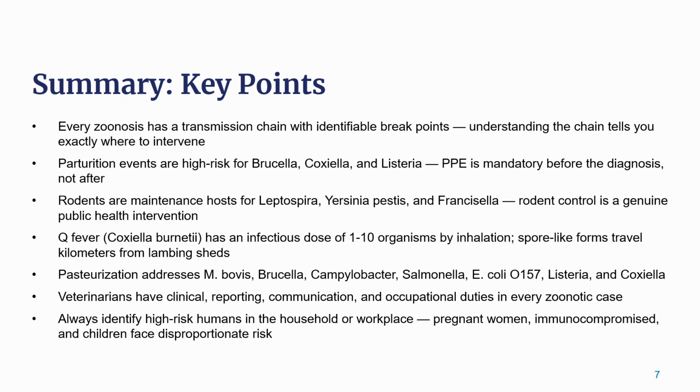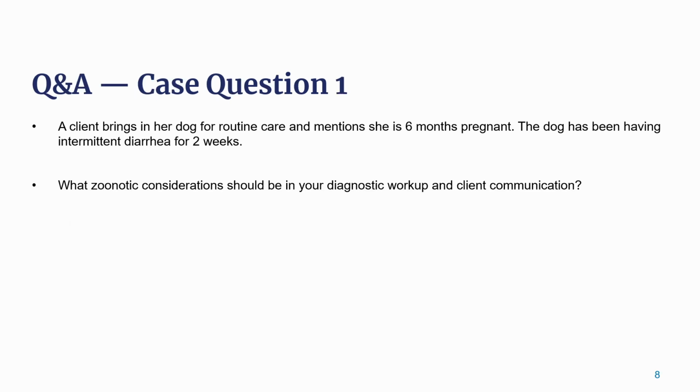Communicate that clearly, document it, and report it when required. Those three actions, recognizing the chain, breaking it, and reporting, are how veterinarians protect both animal and human health every day. Read the case, think about it, we'll then work through it together.